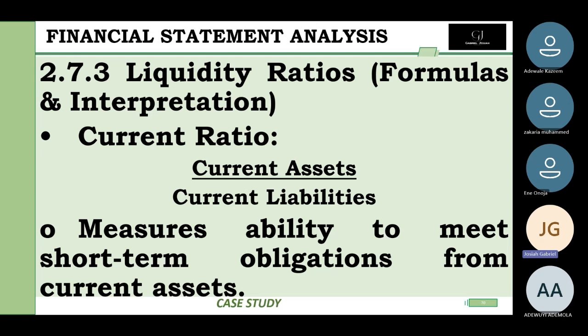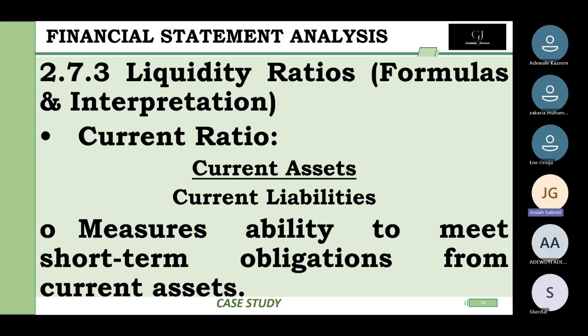The general benchmark, not specific to industries now, is supposed to be 2:1. So 2 times your current assets to 1 your current liabilities, to be in a comfortable position to meet your current liabilities.